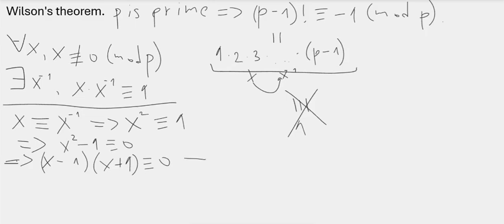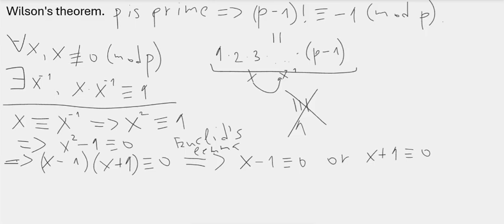So from this we conclude by Euclid's lemma that either x minus 1 is divisible by p or x plus 1 is divisible by p.